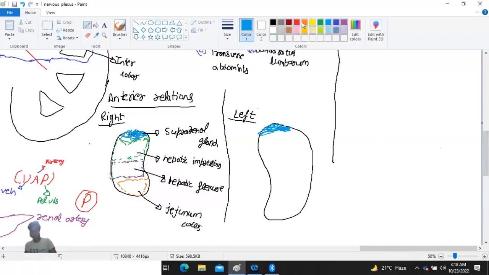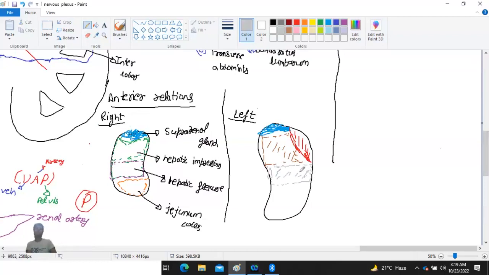Then we have another impression for the spleen, the splenic impression. And here is the gastric impression. For the gastric impression, we use a different color. The stomach is present, we know. Then we have the impression for the pancreas. This is the pancreas impression.